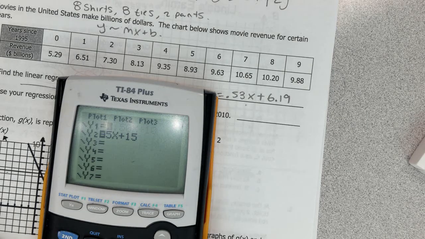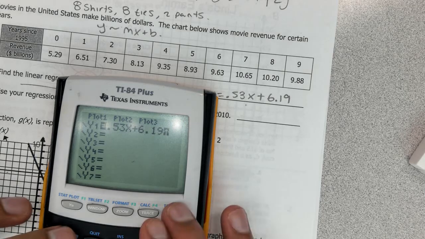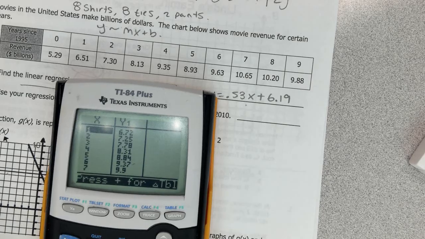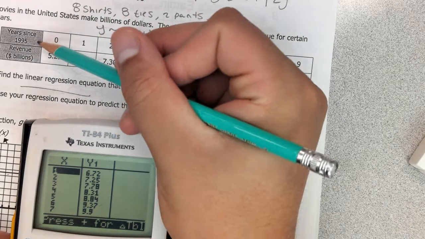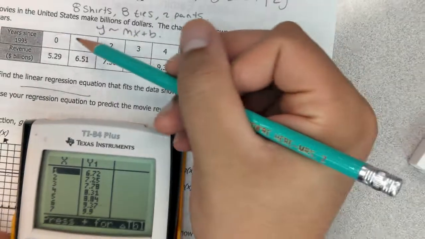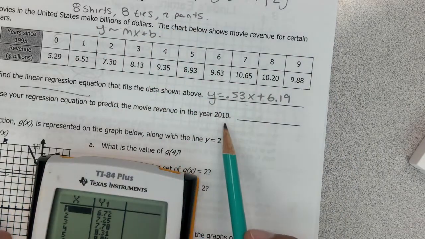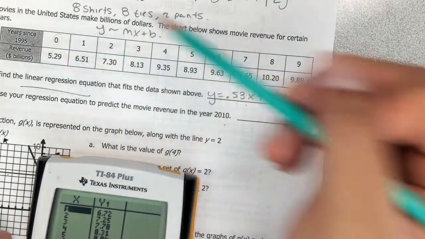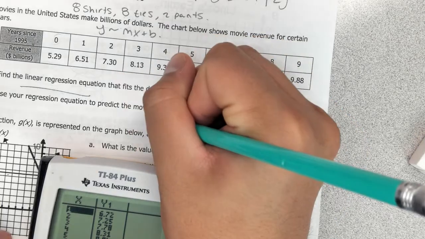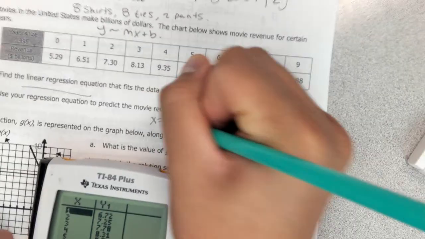Alright, and then once you have your equation, you could just plug them into y equals. So the year starts at 1995, that represents year 0. If we're going to find the total revenue in 2010, from 1995 to 2010, it's 15 years. So x equals 15.